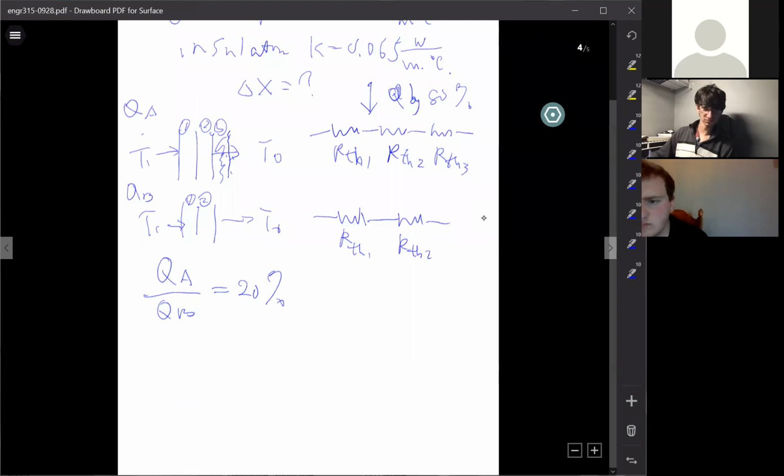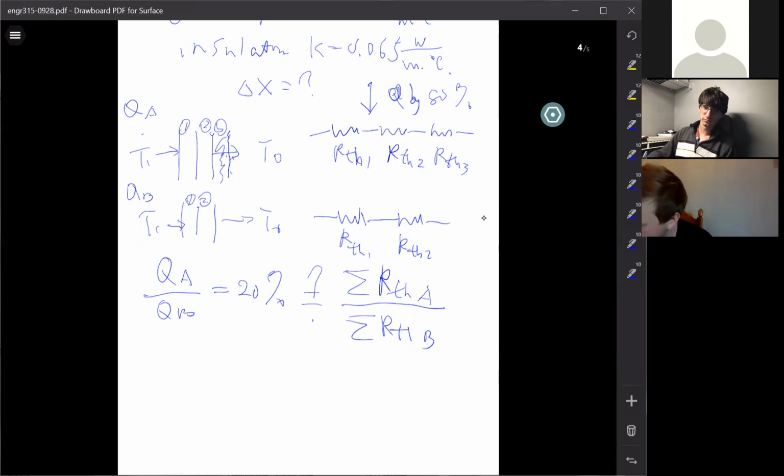So how about the relationship between the thermal resistance? Is that also 20%? With insulation, let's say situation A. Do they also equal?